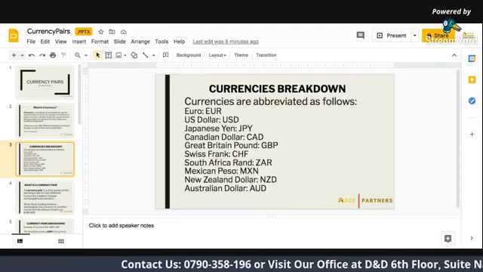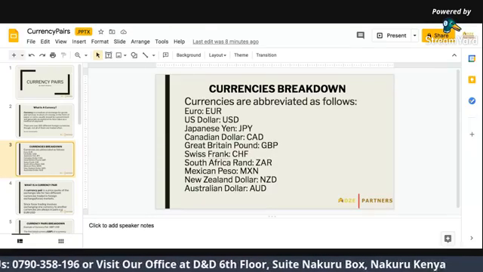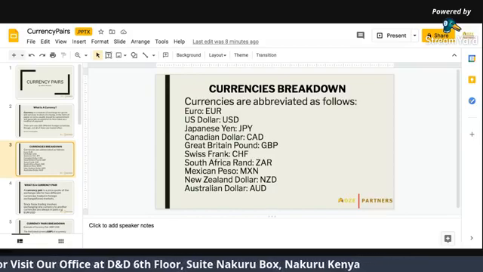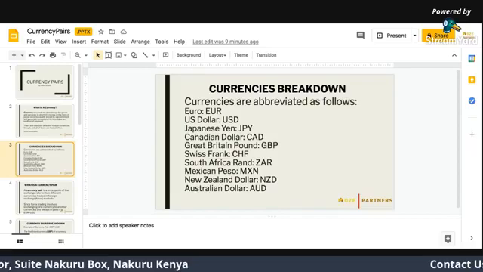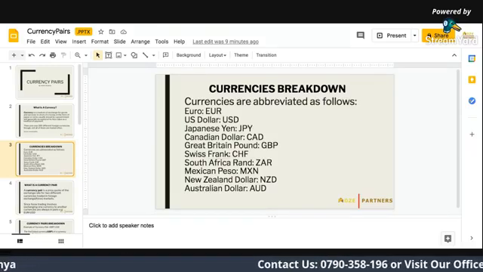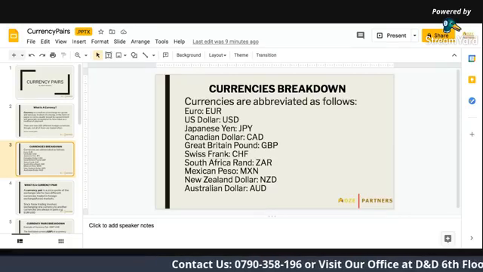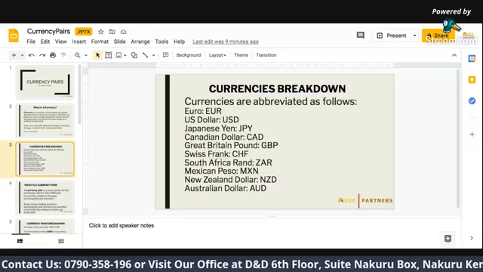Even in a block of countries like the Euro bloc, they have the European Central Bank, the ECB, which is the one that issues the euro. So we have the Euro bloc.